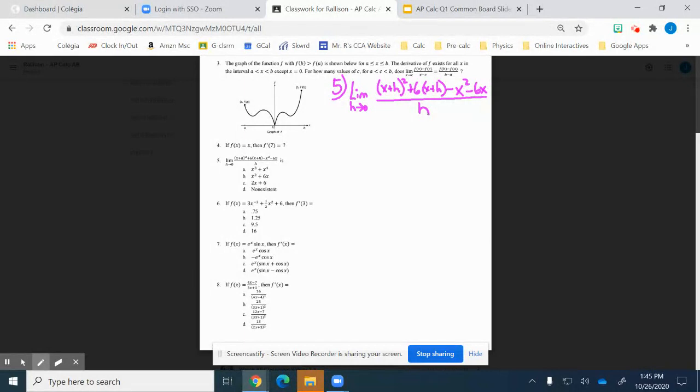But let's go back to the basic limit definition of the derivative, right? It's the limit as h goes to 0 of f of x plus h minus f of x, over h. That's the whole thing right there.